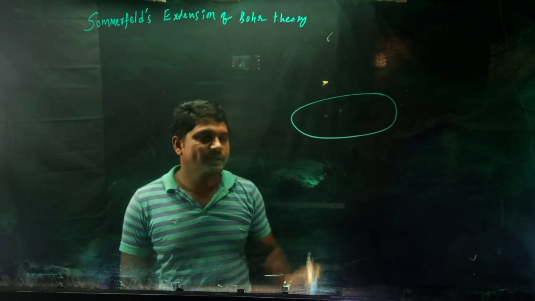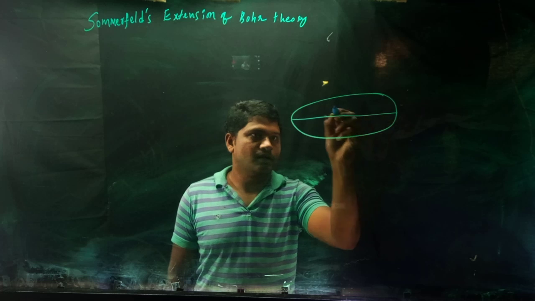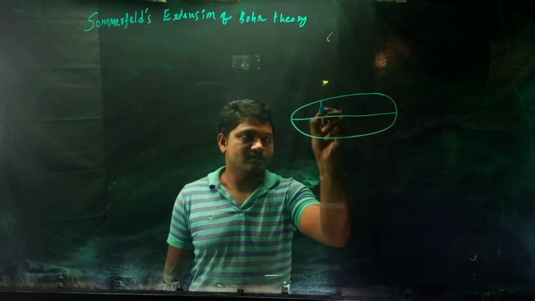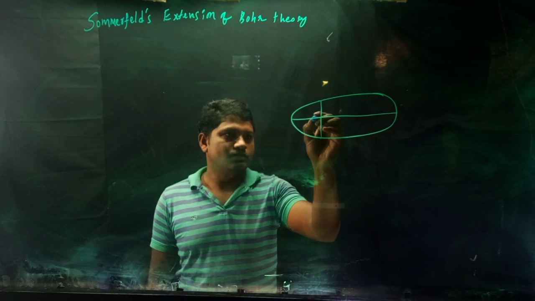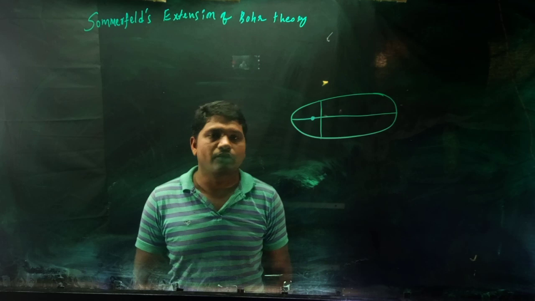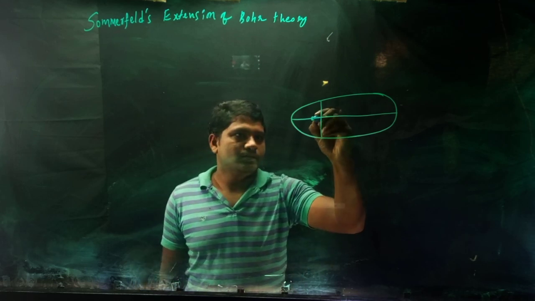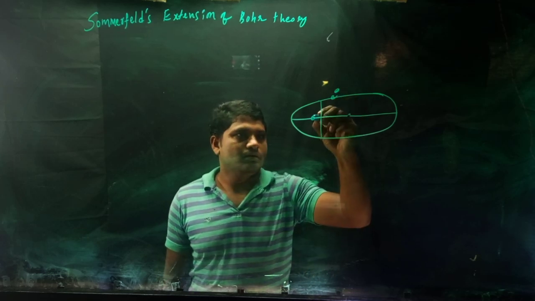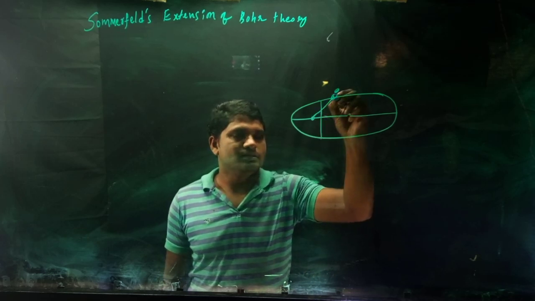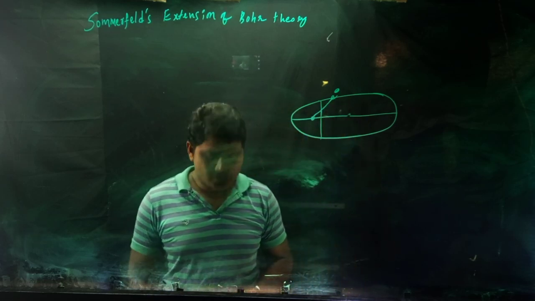Take one elliptical orbit with this major axis and this minor axis. The focus is the nucleus. When the electron is at this point, the line to it is called the radius vector.